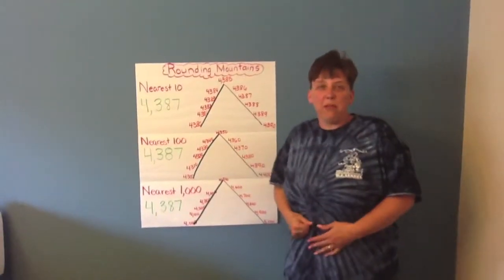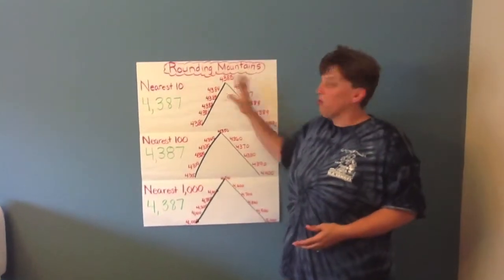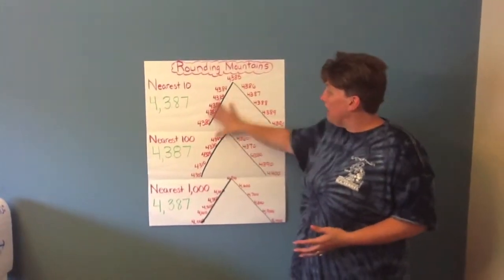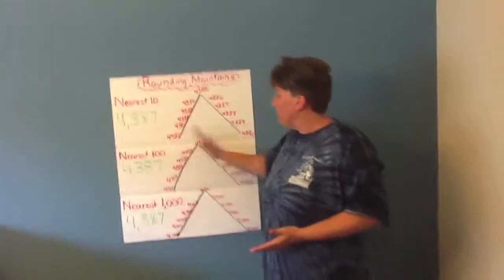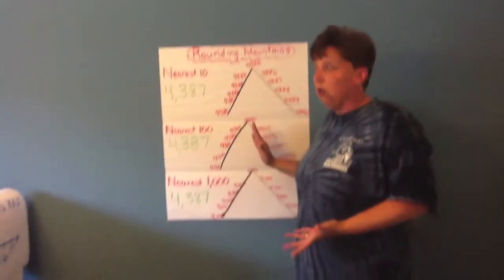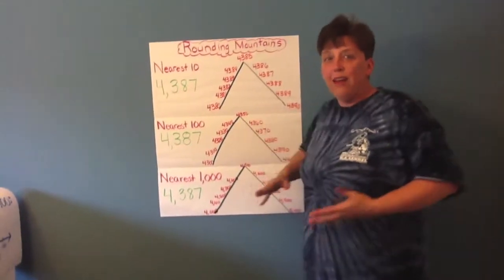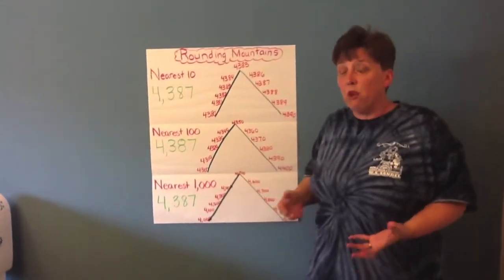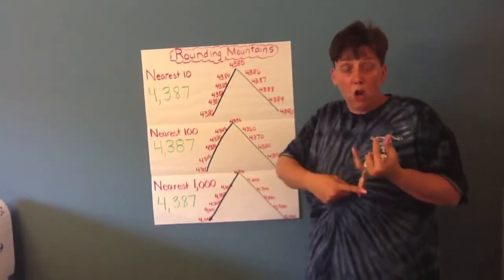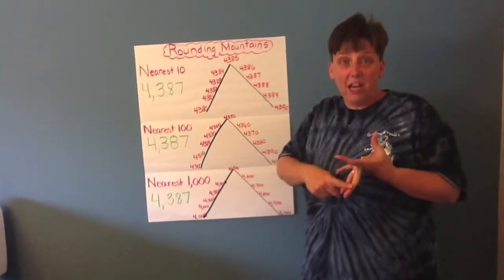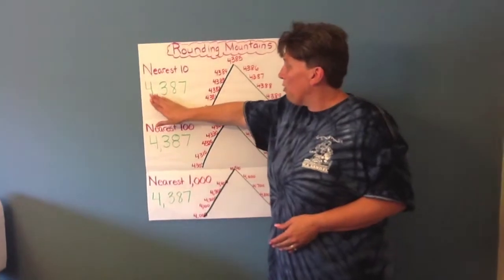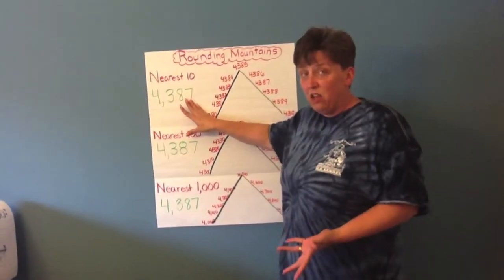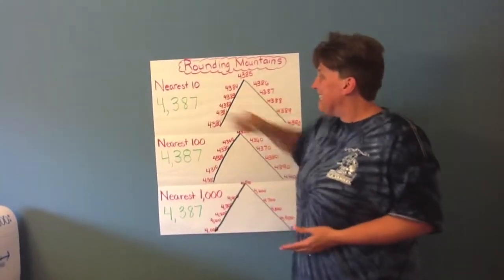The strategy I'm going to be talking about with rounding is rounding mountains. To me, this strategy helps students see exactly what numbers come between the two that you might be rounding to. Before you start the strategy, it's important for students to be able to count by not only ones, but tens and hundreds and thousands as well. So we're going to round 4,387 to the nearest 10.